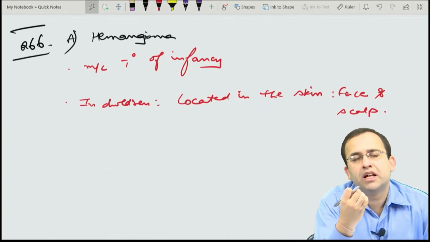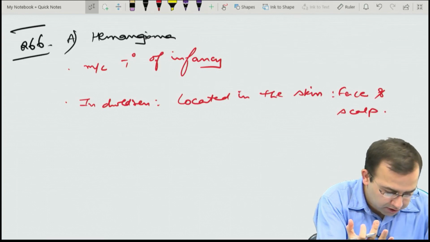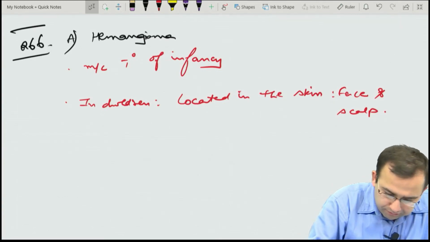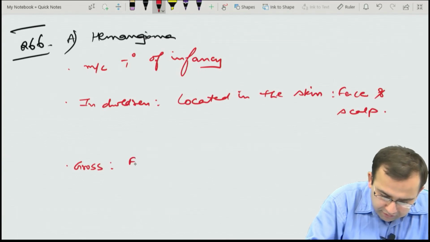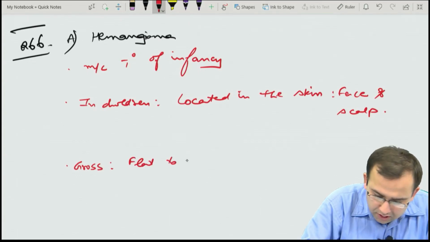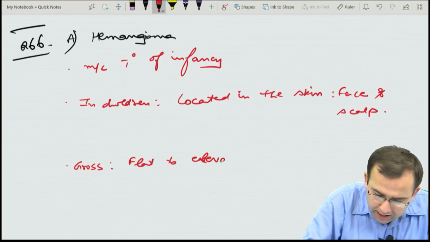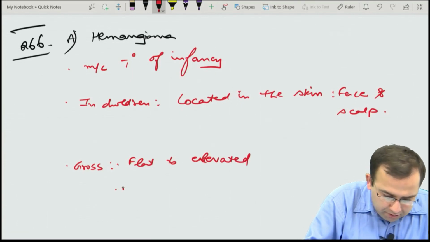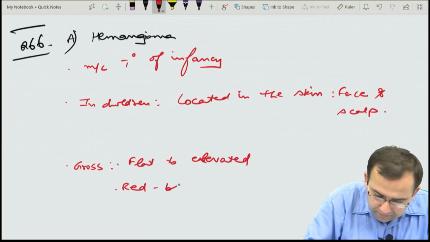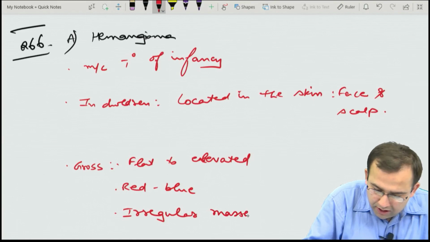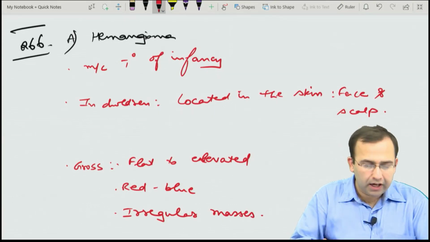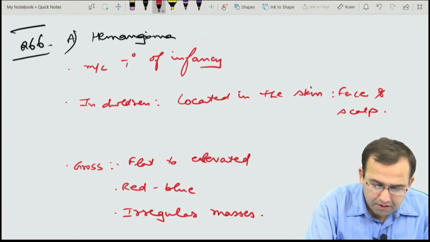Grossly, they present as flat to elevated red-blue irregular masses.